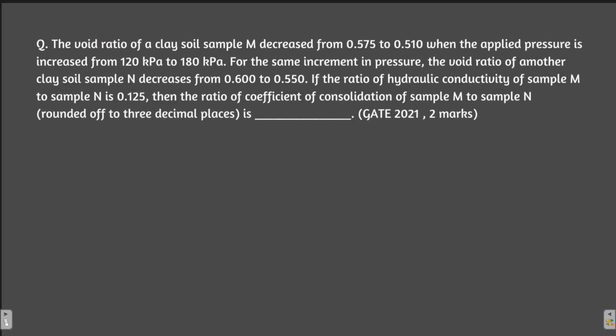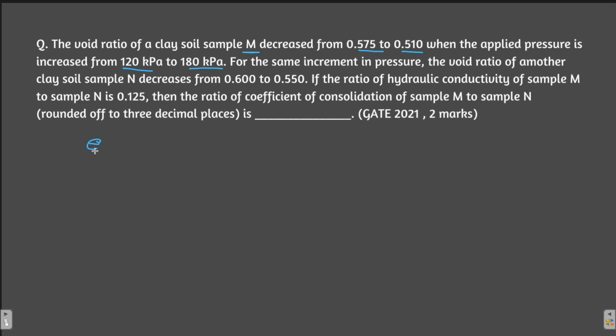So here is our third question, which is also very important. The void ratio of a clay soil sample M decreases from 0.575 to 0.510 when applied pressure increases from 120 kilopascals to 180 kilopascal. So there is a soil sample M. Let me write it down.